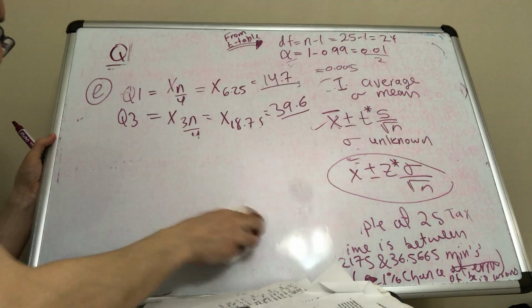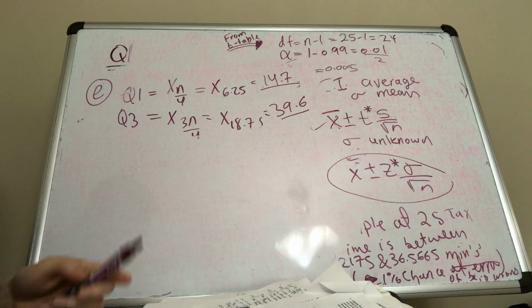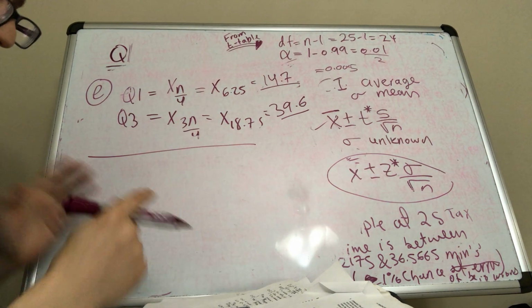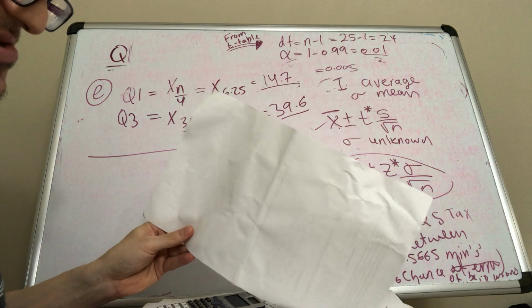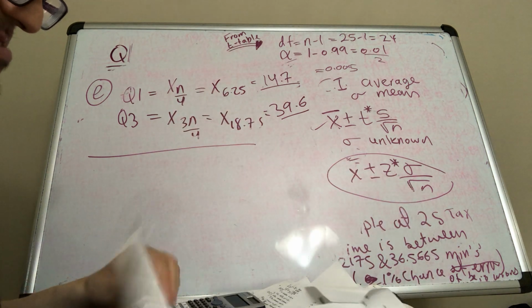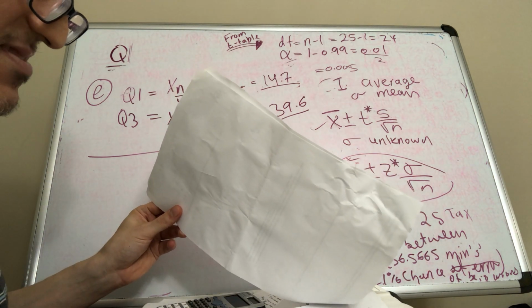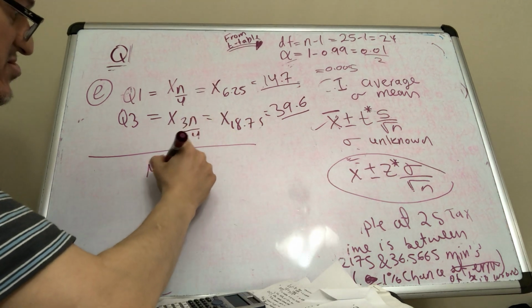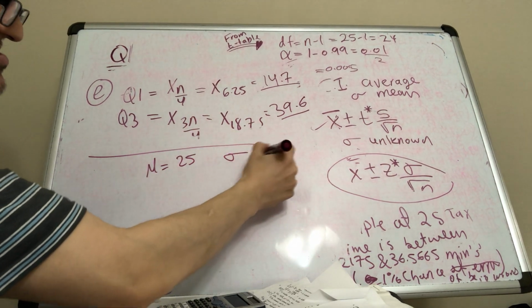like a quick way to do this. Let's say, for example, that mu is 25, sigma is 10.